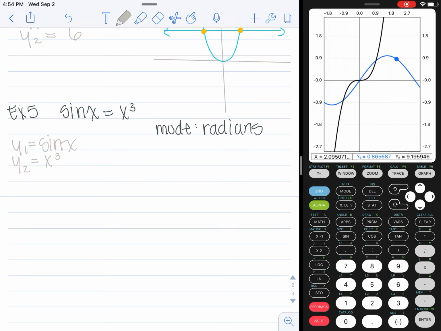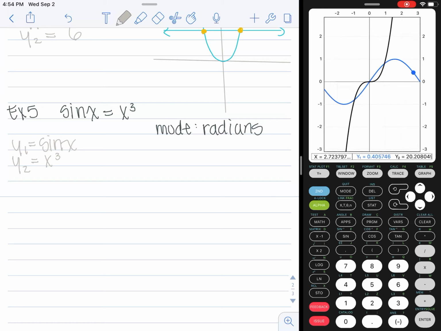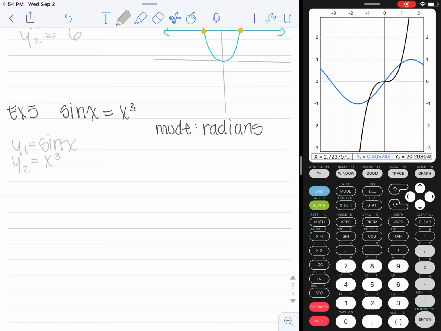So I'm going to zoom in. I'm going to just picture that guy in here. So we have y and x-axis. Sine goes through the origin. Put my arrows, and then I'm going to draw in my cubed.